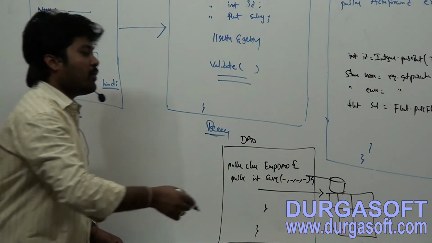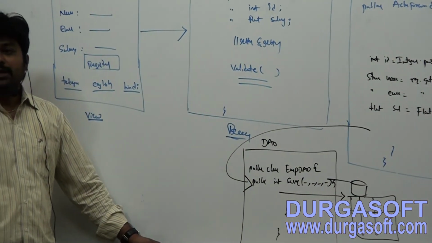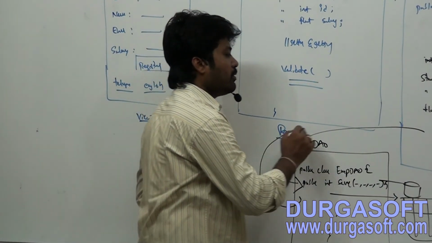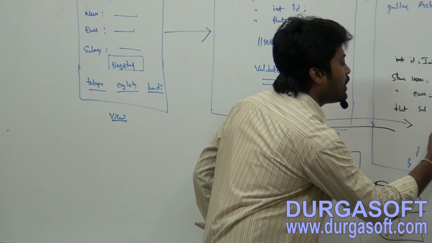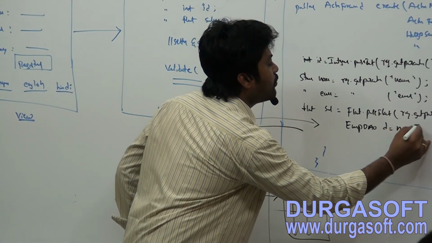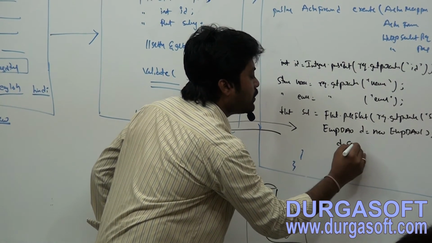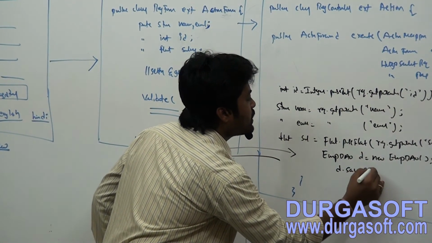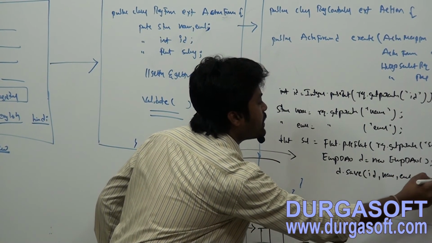So finally what does the controller need to do? It needs to make a call to the DAO save method. Then this DAO save method will give a response. Here you need to create your DAO object, employee DAO, new employee DAO. Then call dao dot save method, pass your id, name, email, salary.